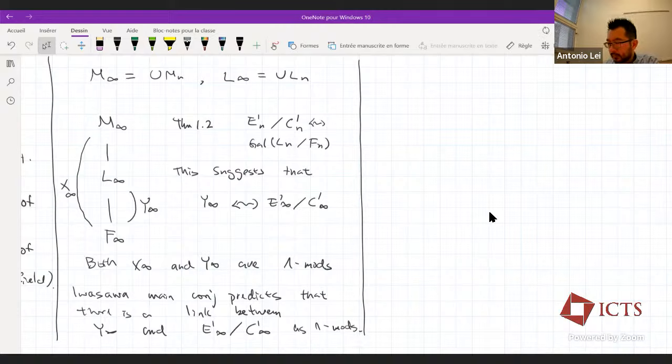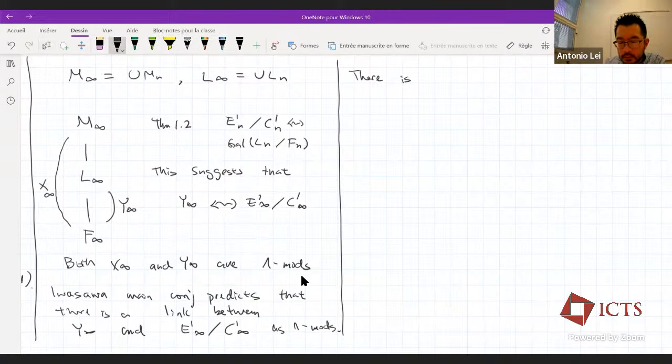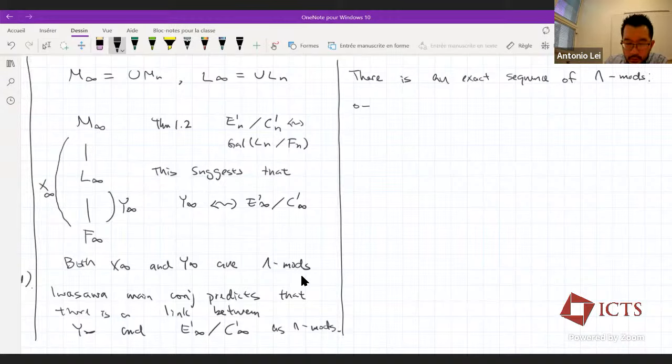So I'll try to make this a little bit more precise for you. How do we study this? The way we do this is that there is an exact sequence of Lambda modules, which looks like this.